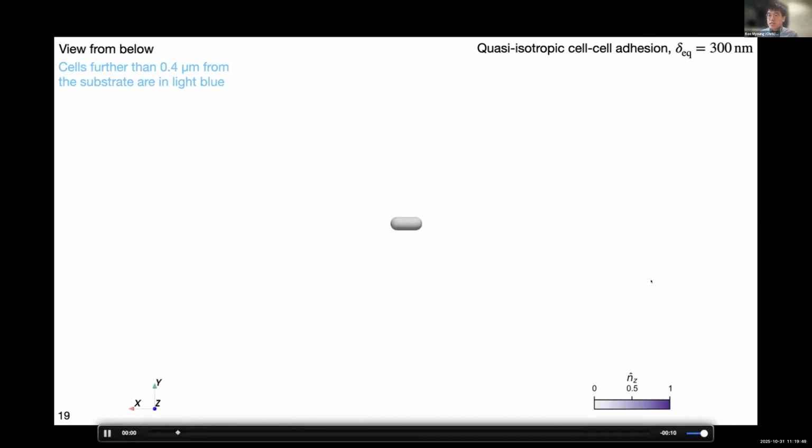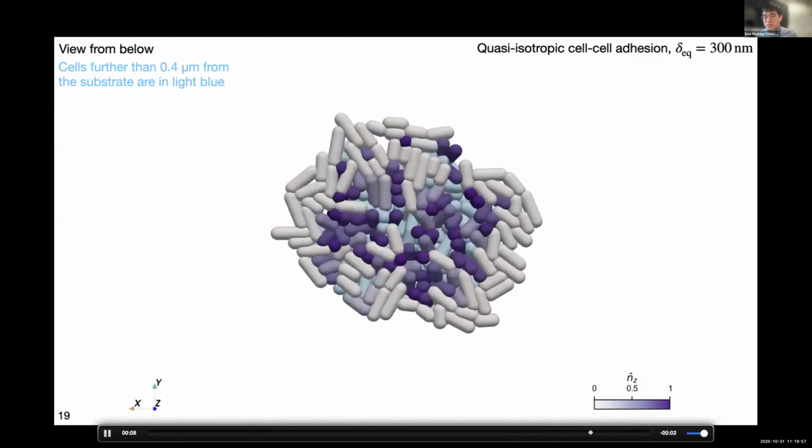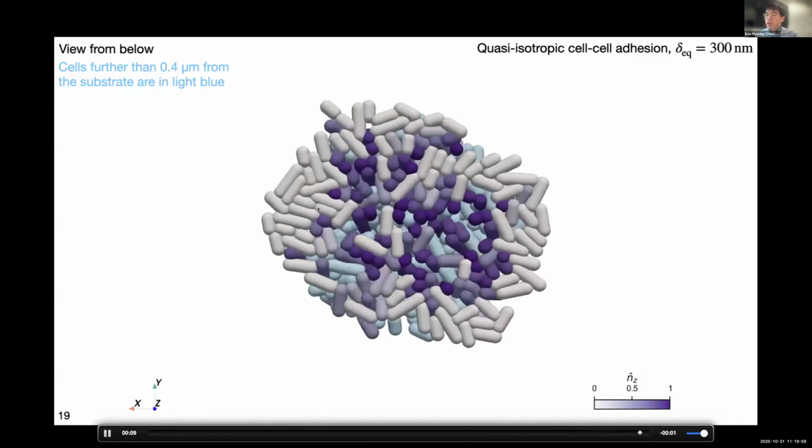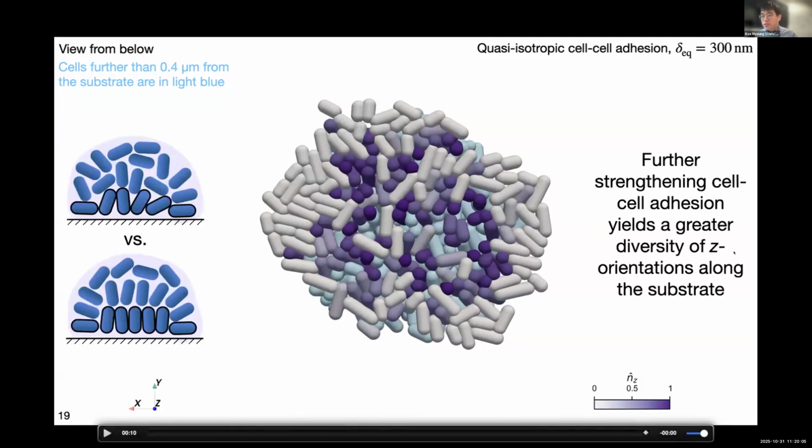And if we strengthen the cell-cell adhesion, what we see is something different, which is that we see these light purple cells. We see these cells that are neither horizontal nor vertical, but actually are adopting sort of intermediate tilted configurations. So we see a greater diversity of Z orientations along the substrate, and this is exactly what I talked about previously that we know from experiment occurs. We see this greater degree of orientational disorder along the substrate, okay, with cell-cell adhesion.